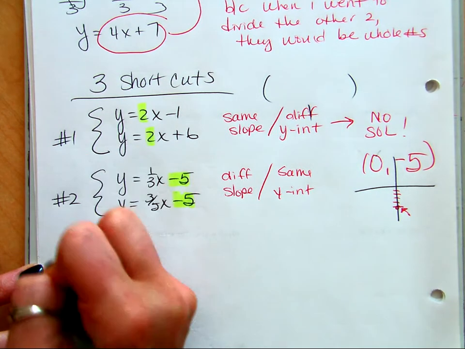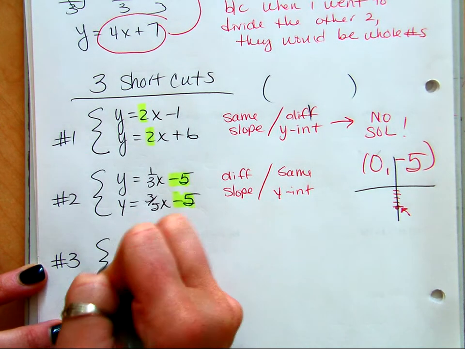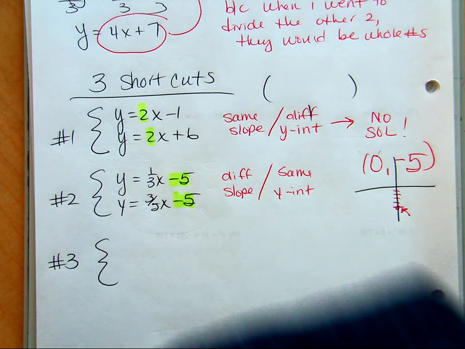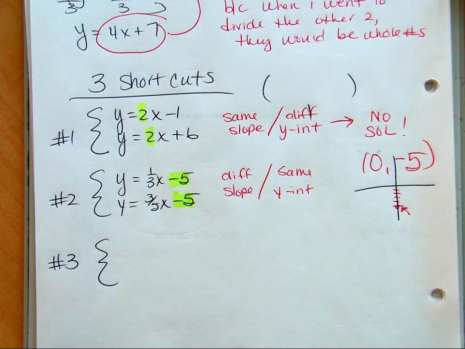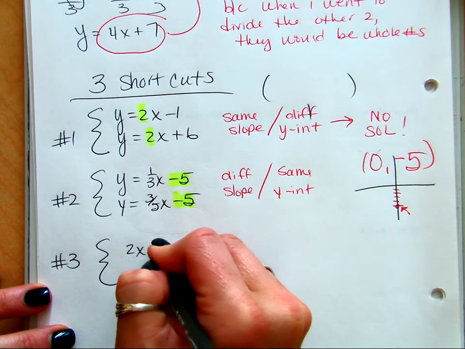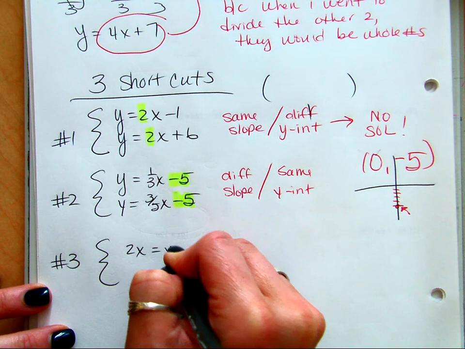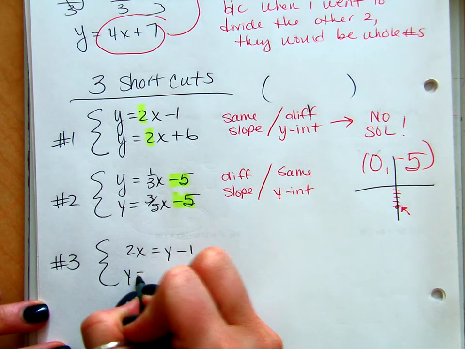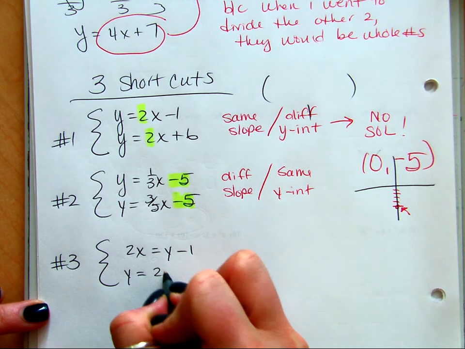Shortcut number 3. I wish I had a better equation. Let's do this. 2x equals y minus 1. And y equals 2x plus 1.